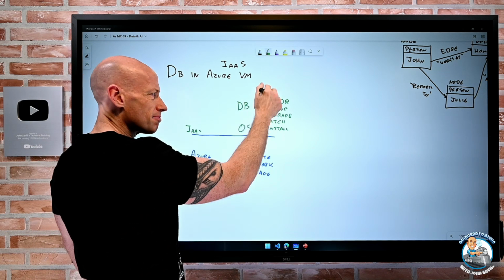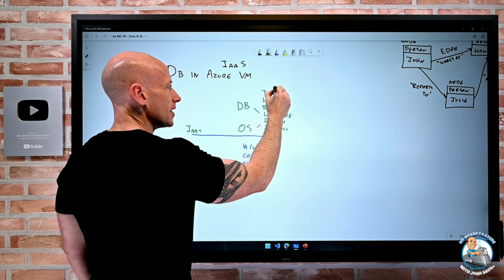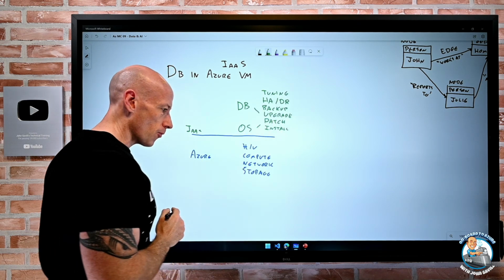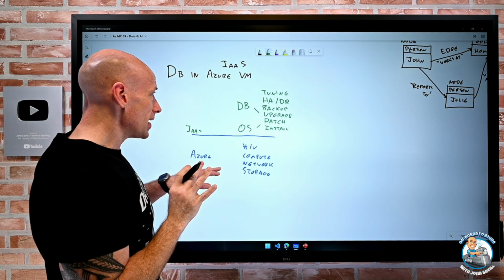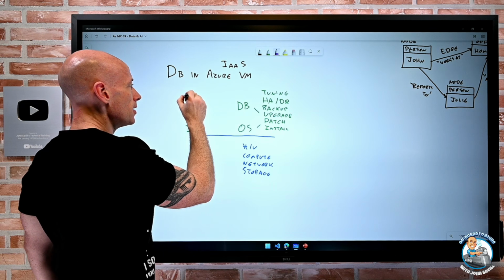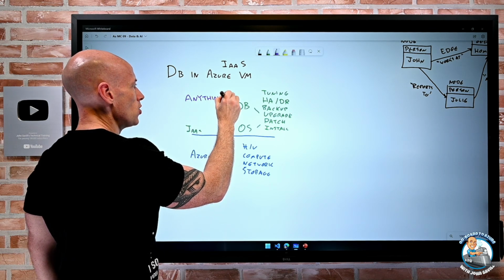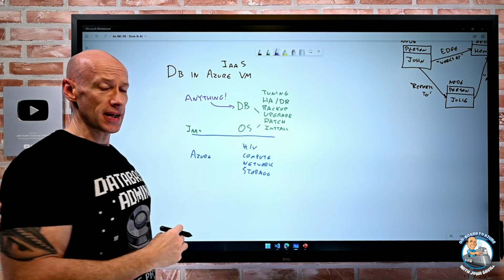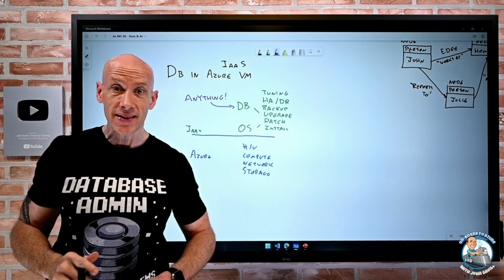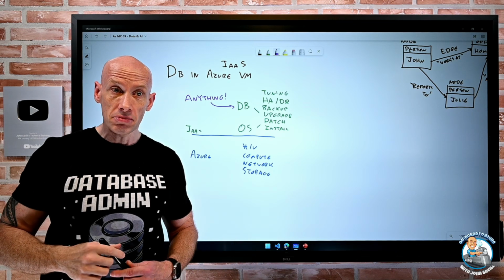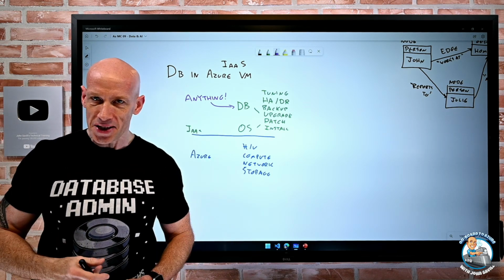So there's tuning, there's all these different things that I am responsible for. But a key point here is, I can use anything. I am not limited to a particular type of database. As long as the vendor of that database says, yes, we support Azure, the world is my oyster.